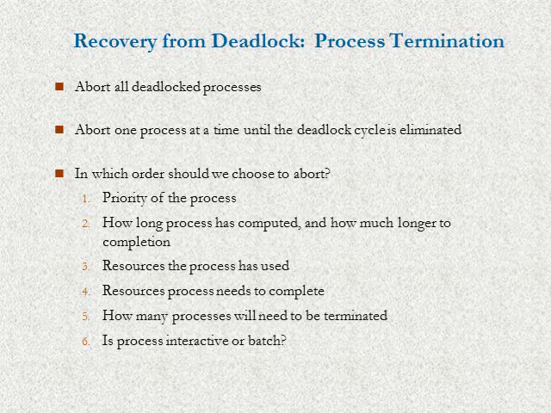Usually we consider the priority of the process, the already elapsed time of a process, the number of resources it has consumed, or the number of resources that are still pending. These are some of the measures or parameters that we consider while terminating a process that is involved in a deadlock.